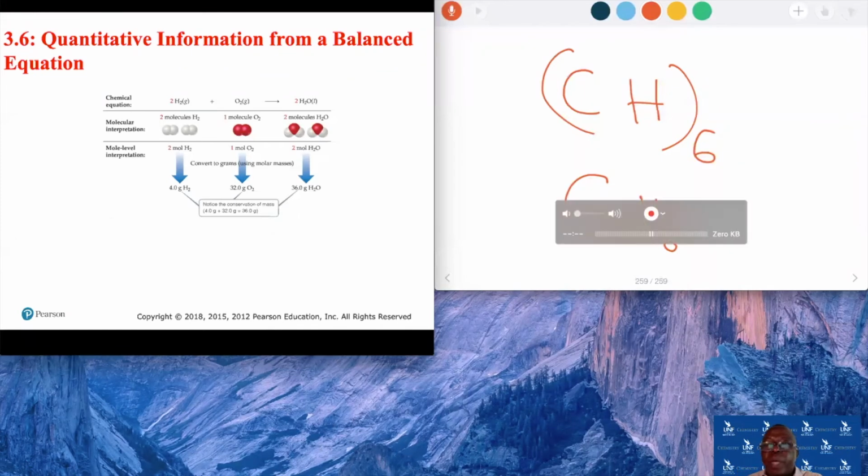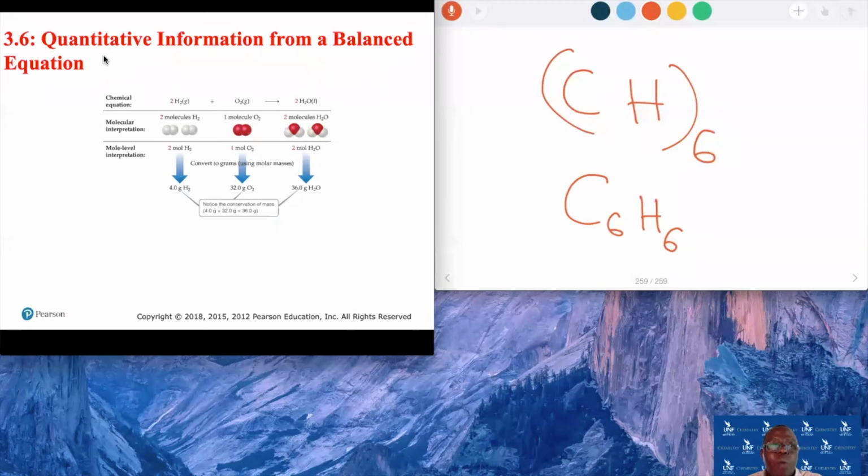From the balanced equation, what information do we get? The word quantitative comes from the word quantity, how much. That means you have to quantify, you have to account for how much is produced or given when a chemical reaction is carried out.